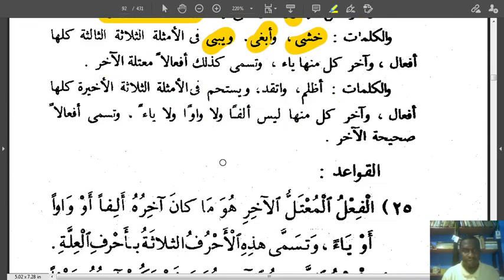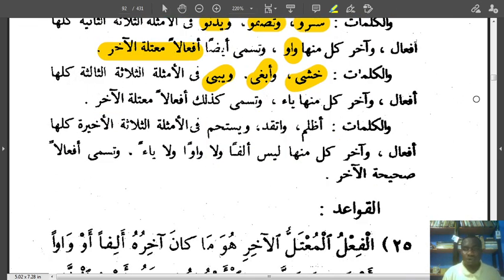These three examples says كلها أفعال, all these three are verbs. وآخر كل منها يا, and each of them ends with a ya. وتسمى كذلك أفعالا معتلة الآخر, and these are also called أفعال معتلة الآخر. First one they end with alif, second waw, third yai. They are all أفعال معتلة الآخر.